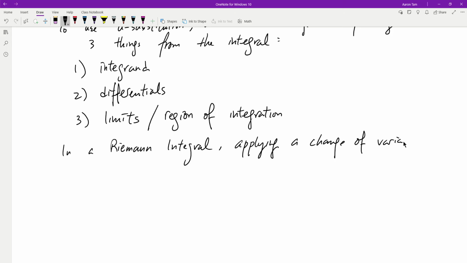I will not call it a U substitution because the U substitution only defines one single variable. So what we're going to try to do is change all the variables. Therefore, a more appropriate term would be a change of variable technique.